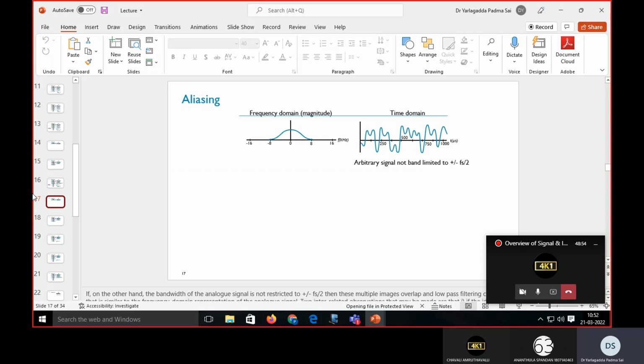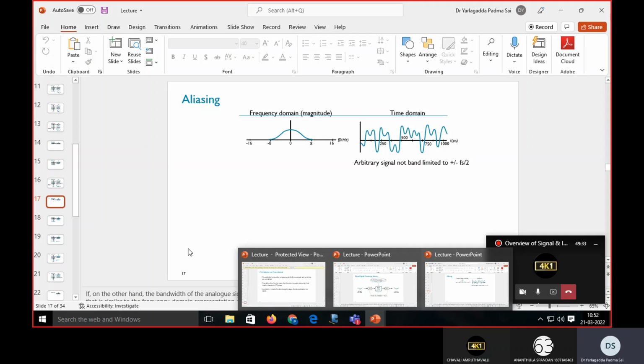That is only the theoretical approach; Fs minimum requirement is 2Fm. But when you want to design any real-time system, we are not considering 2 times, generally we consider 6 to 8 times. If you consider more, it's good, but as the sampling rate increases, the cost of the chip increases. So you have to compromise based on your application and choose your sampling rate.